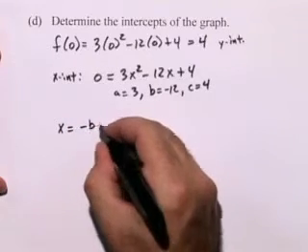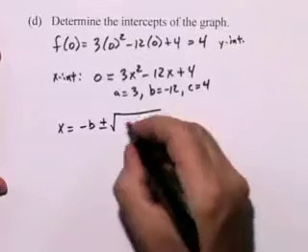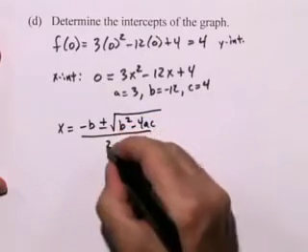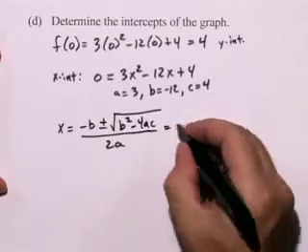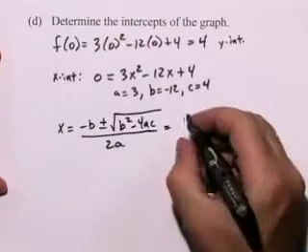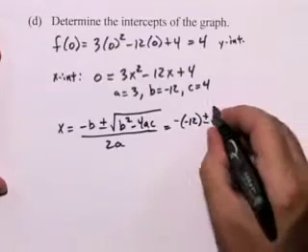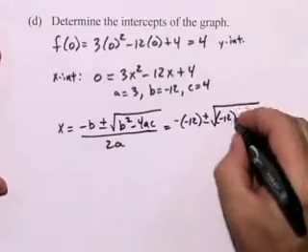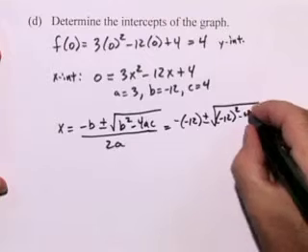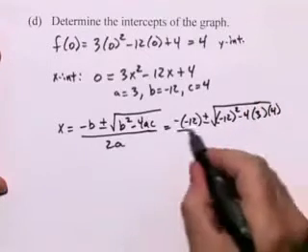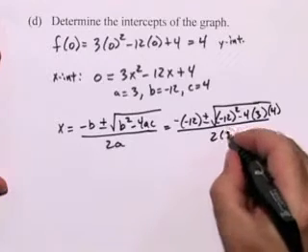x is equal to negative b plus or minus the square root of b squared minus 4ac all over 2a. We put in our values for a, b, and c. We'll have negative 12 plus or minus the square root of negative 12 squared minus 4 times 3 times 4, all over 2 times 3.